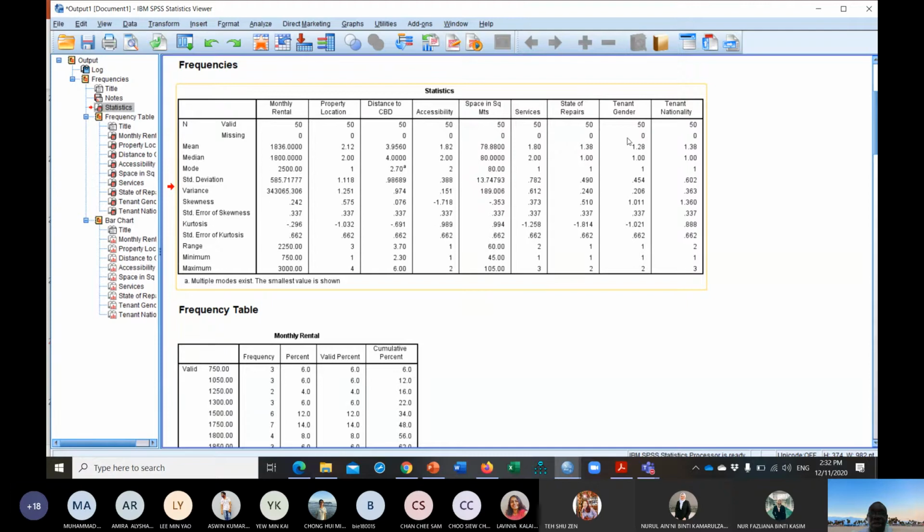So this is the way SPSS will give you statistics of everything, and you just need to pick the numbers you need for your interpretation and discussion. I hope this is clear.